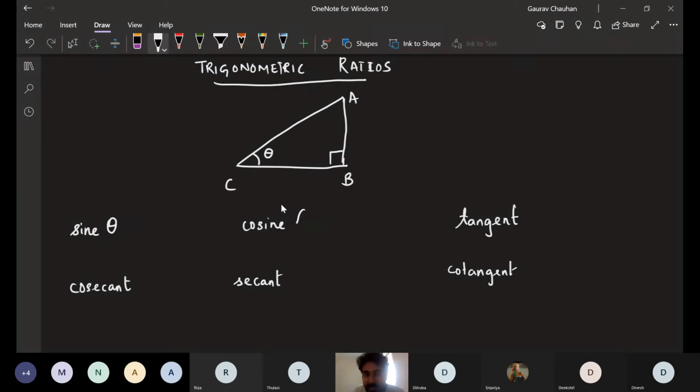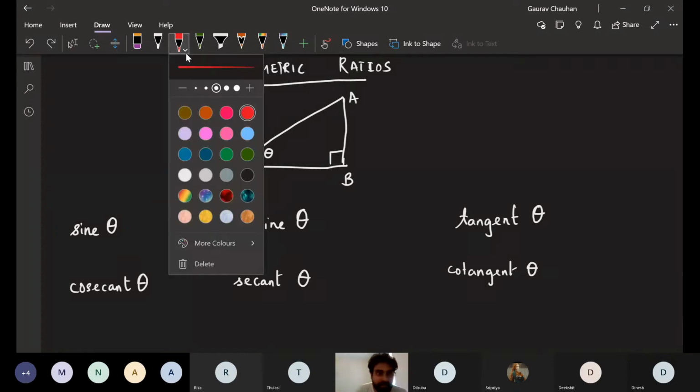We'll write sine theta, cosine theta, tangent of theta, cosecant of theta, secant of theta, and cotangent of theta. For this angle theta these ratios are there, and right now I'm going to tell you how they are found out. Let's write it like this first.